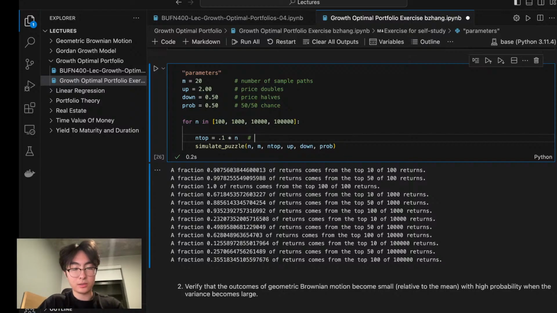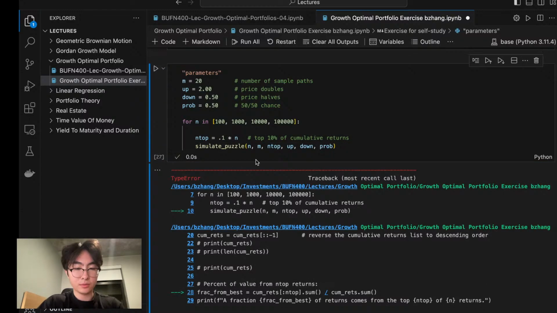So it'll be top 10% of returns. Cumulative returns, alright. Oops.